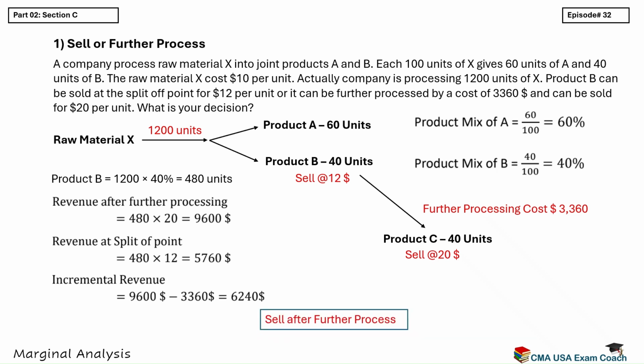This net benefit of $6,240 is higher than the $5,760 we would get by selling at the split-off point. So clearly, further processing gives us more profit. Final answer: sell Product B after further processing because the additional benefit is greater than the additional cost. And remember, the joint cost of raw material X is not part of this decision. It's already incurred. So we ignore it while deciding between the two options.